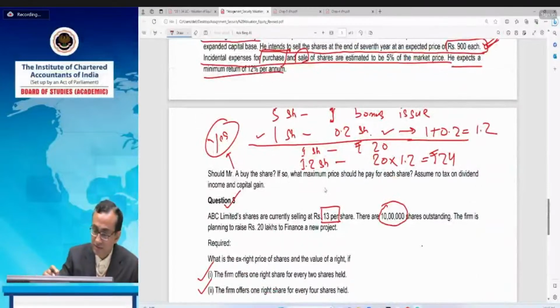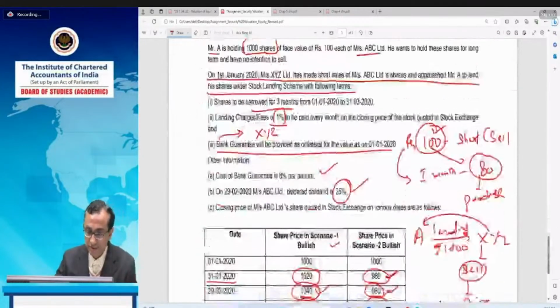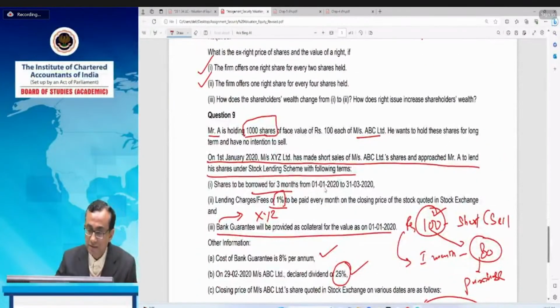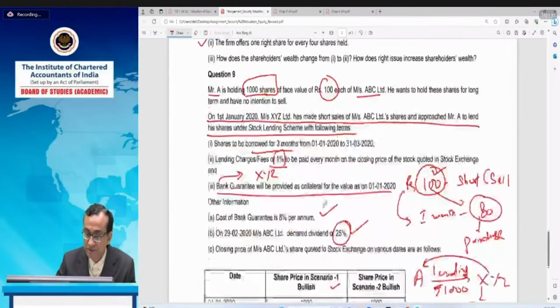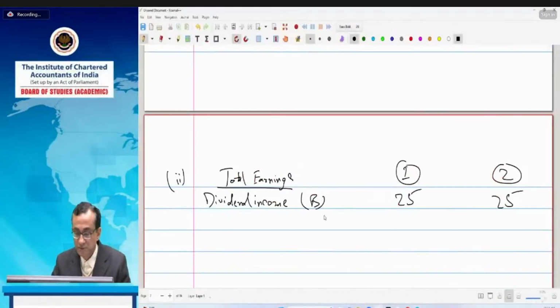The face value is given in the question, that is rupees 100. So 100 into 25% will come to 25. So dividend will be 25 in both situations.